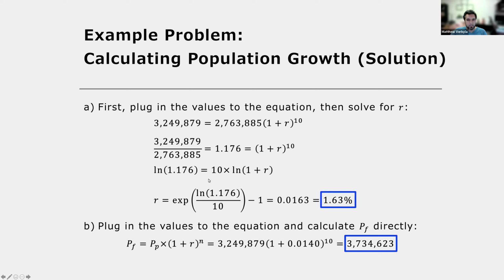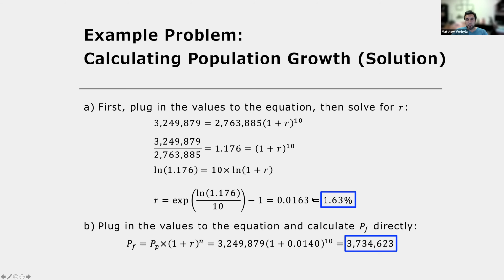We can divide both sides by 10, and then we can take the exponential of both sides, so e raised to whatever we have on both sides, in order to solve for R. That gives us the final form of R being equal to exponential, the natural log of 1.176 divided by 10, and that whole thing minus 1, which equals 0.0163.